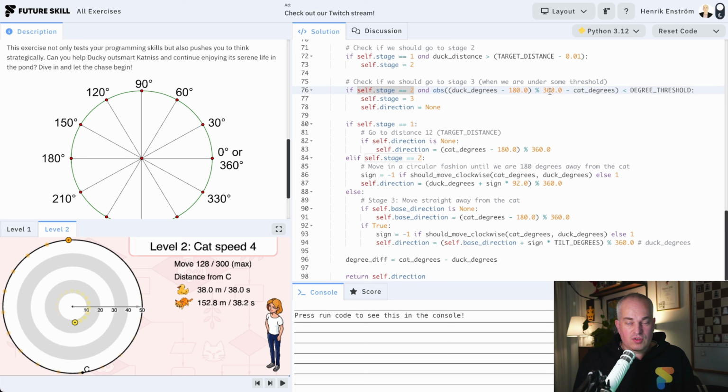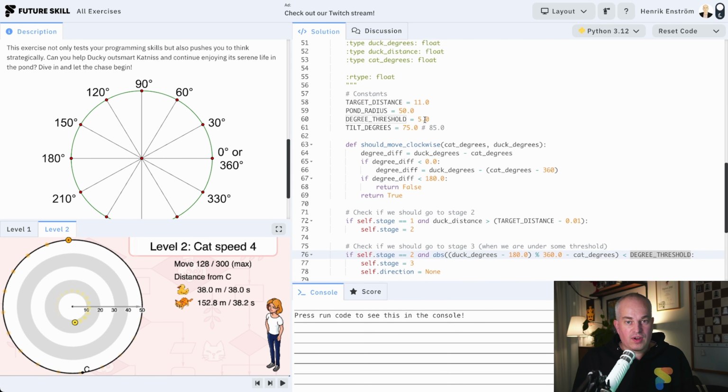We're trying to see if the direction opposite from us, so we take our degrees minus 180, then modulo 360 to get a positive number. We do that, and then we take that minus the cat degrees. So if our opposite direction in degrees as compared to the cat degrees is under some threshold, and the threshold we set here is 5.